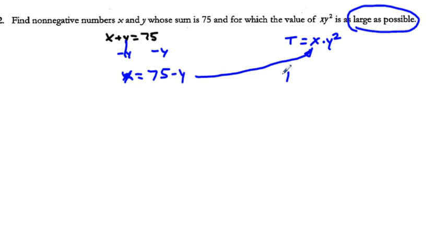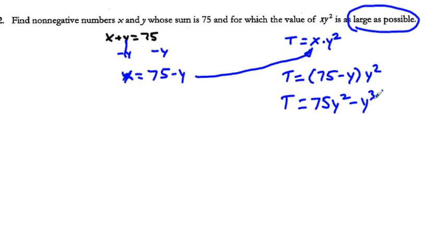So we have t equals quantity 75 minus y times y squared. And distributing, we have t equals 75y squared minus y cubed.